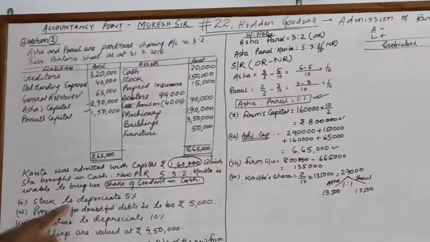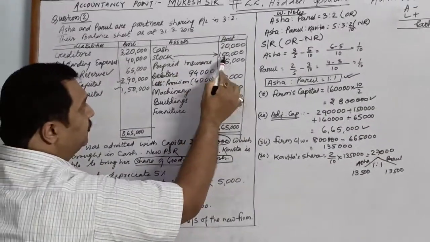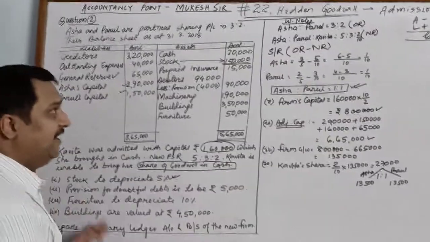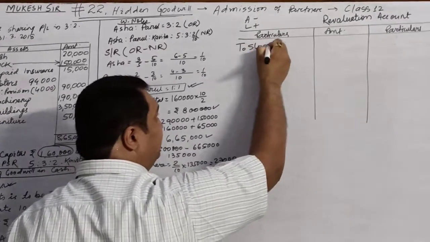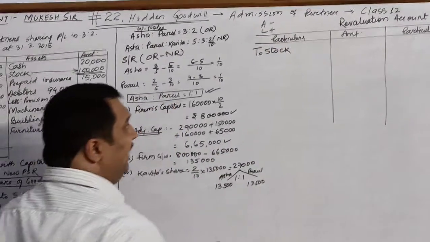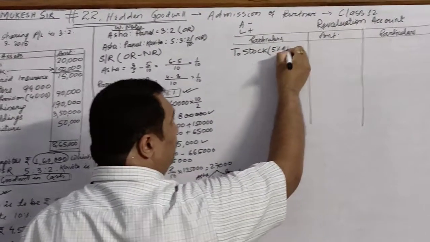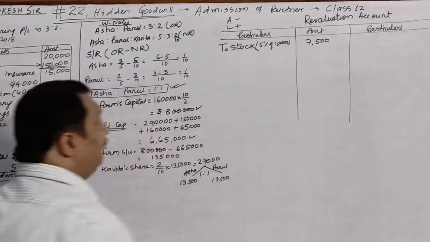Now let us see the first item. It says stock to depreciate 5%. What is the value of the stock? Stock is of rupees 1,50,000 and we have to depreciate it by 5%. Since stock is an asset and we have to decrease it, it will be on the debit side: 5% of 1,50,000, which is rupees 7,500.